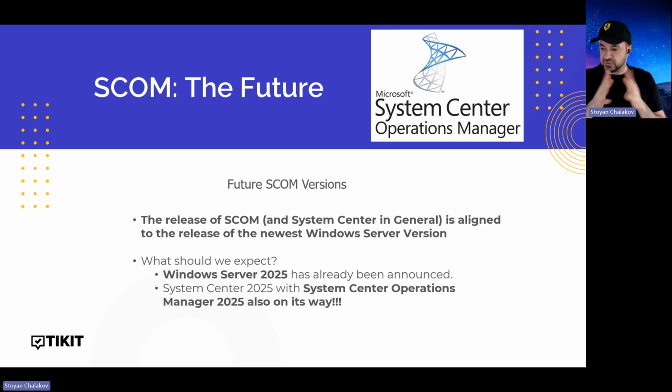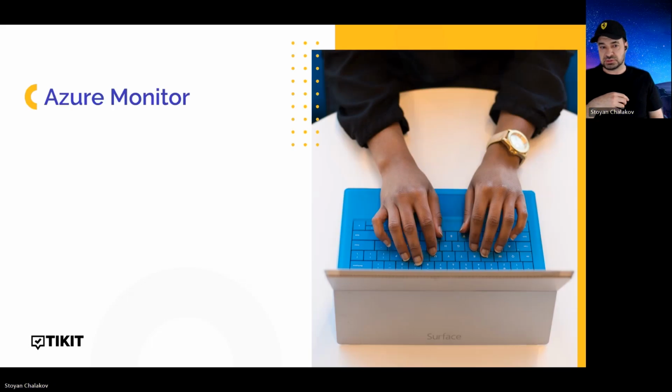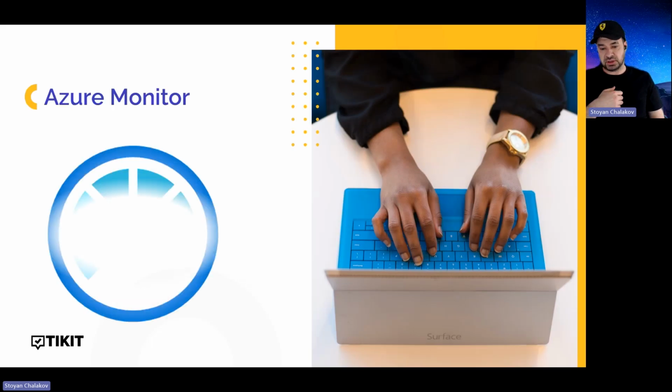And we've covered SCOM in a couple of slides now, and we need to now move to Azure Monitor to understand what's the, let's say, competitor, or maybe not a competitor, or maybe an ally of SCOM. So Azure Monitor has been there for a long time already.